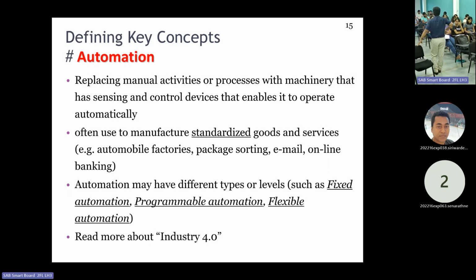So we can understand: fixed can't be changed once it is ready, or once it is arranged or designed. Programmable automation, with limited variety, can be used for a limited variety of production processes, whereas flexible automation is the most flexible.